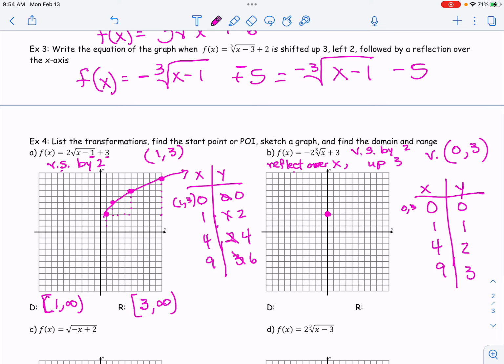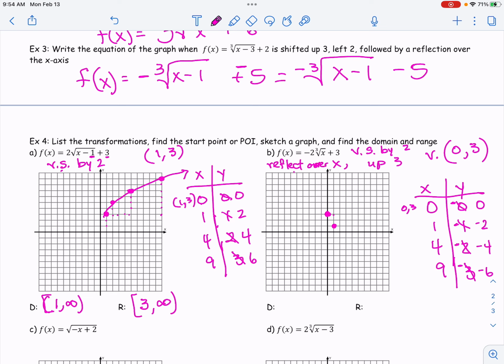It has been reflected over the x, so that means the y changes. And it's been vertically stretched by 2, so multiply by 2. This is 0, negative 2, negative 4, negative 6. So I go right 1, down 2.